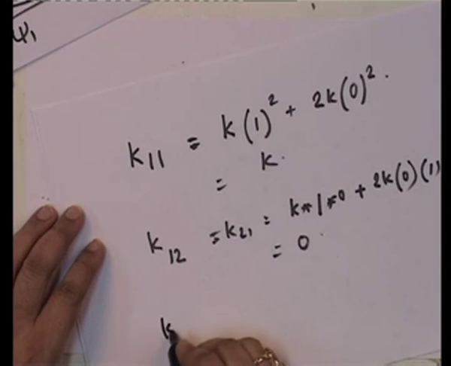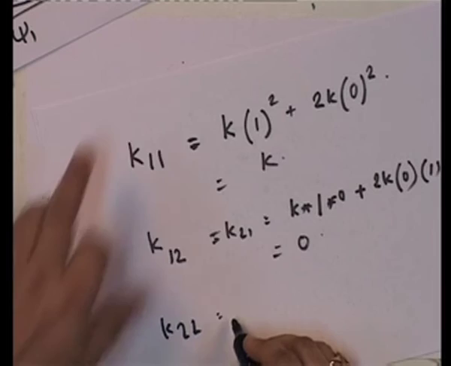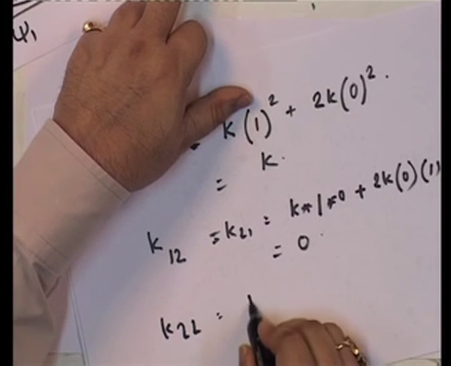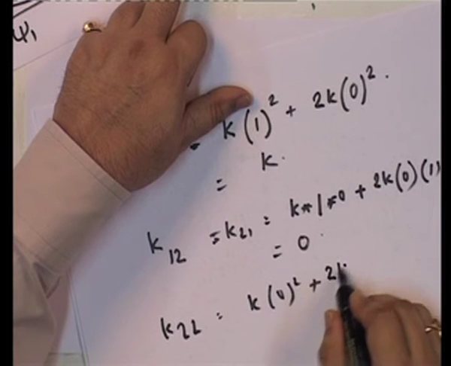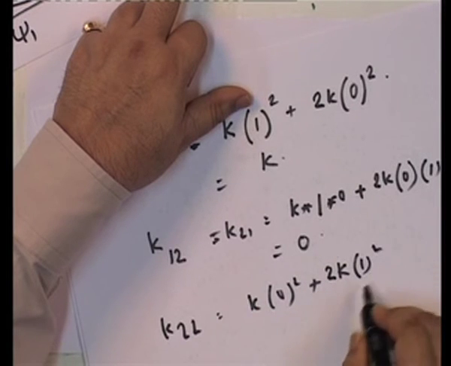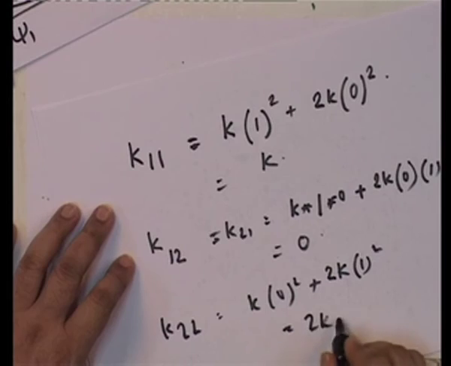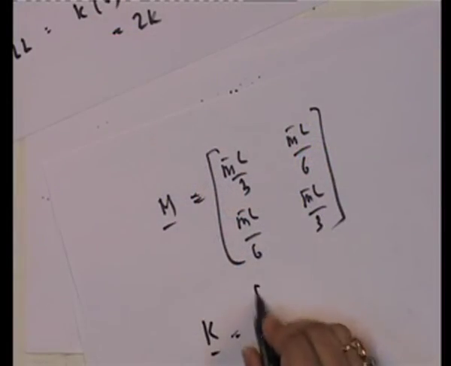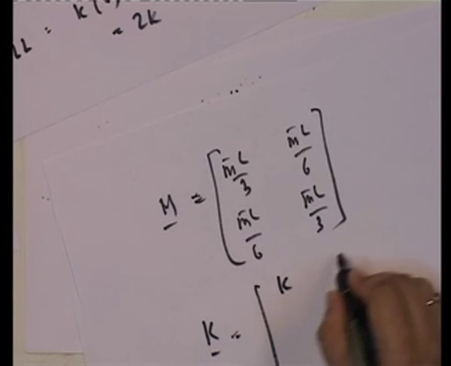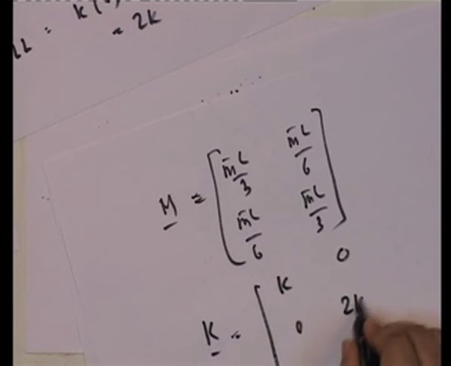And k22? Well, it is going to be equal to k into 0 squared plus 2k into 1 squared. So, that is equal to 2k. So, what does the stiffness matrix look like? The stiffness matrix looks like k, 0, 0, 2k.